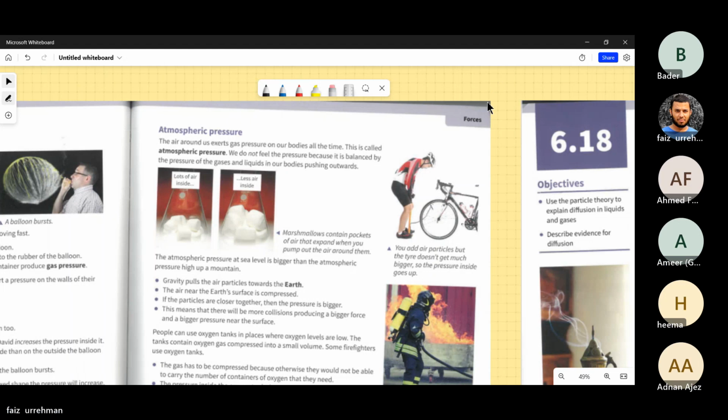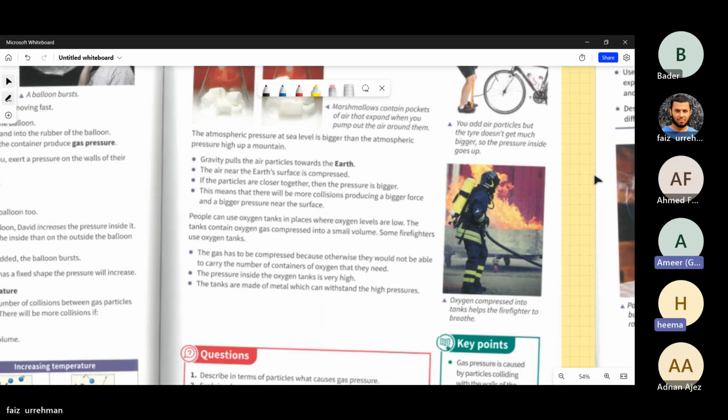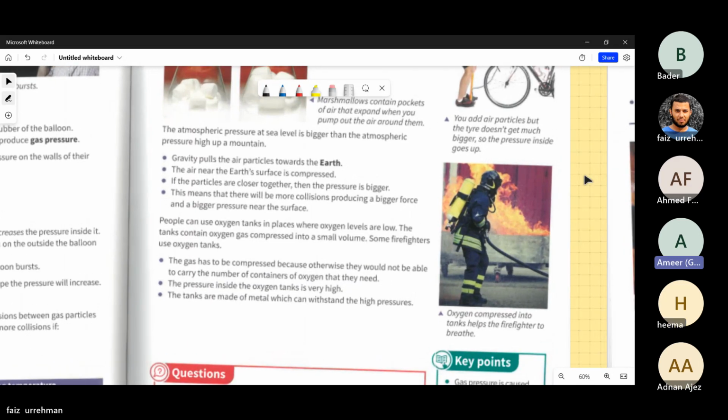Are you with us or somewhere busy just showing us online? No, I am with you. How are you talking when you were muted? Before, explain the oxygen tank thing. Some firefighters use oxygen tanks. Can you explain that?